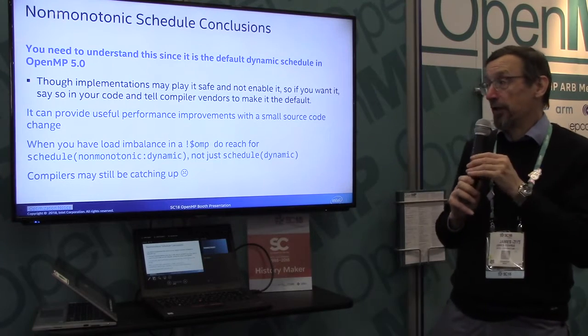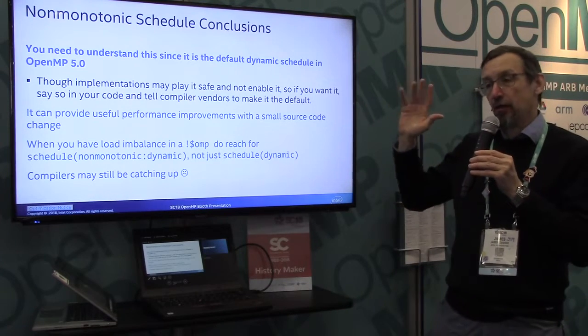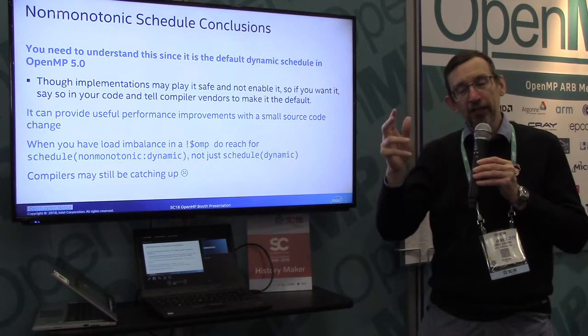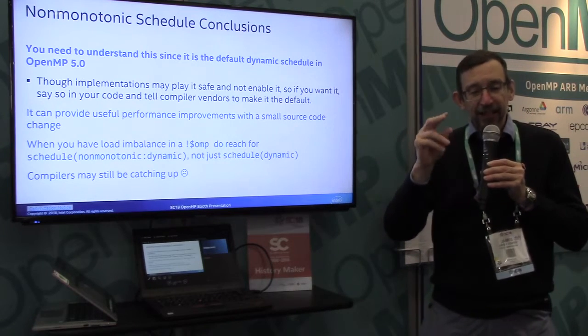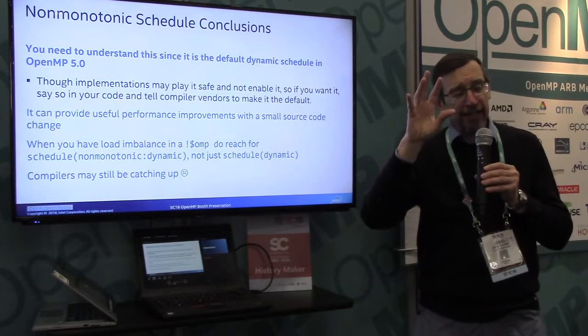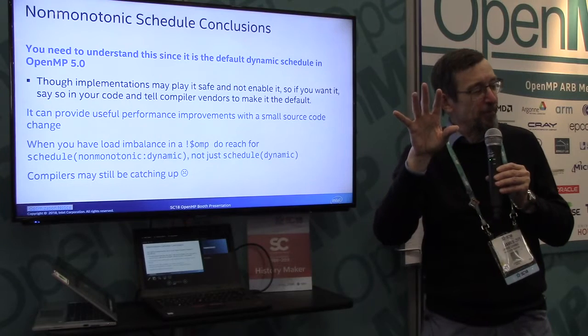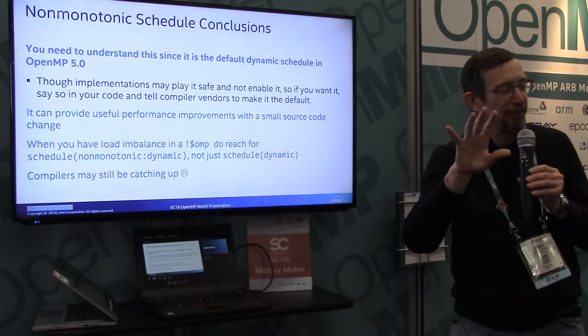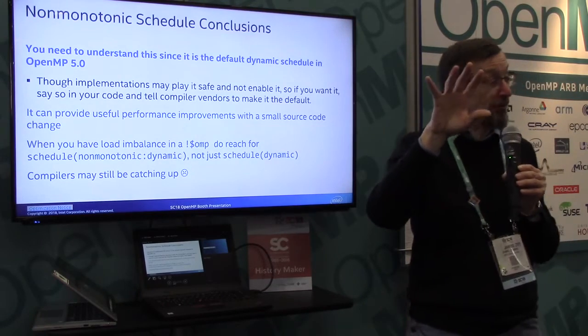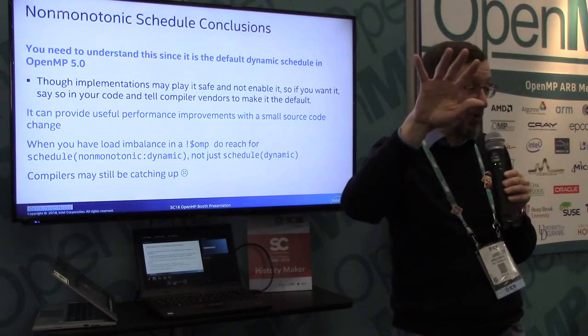It's possible that implementations may not bother to enable it even though they're allowed to, because if you think about it, the monotonic schedule could arise even though you said non-monotonic. So you can't tell by inspecting the set of iterations how they're handed out which schedule was actually used if it looks like a monotonic one.